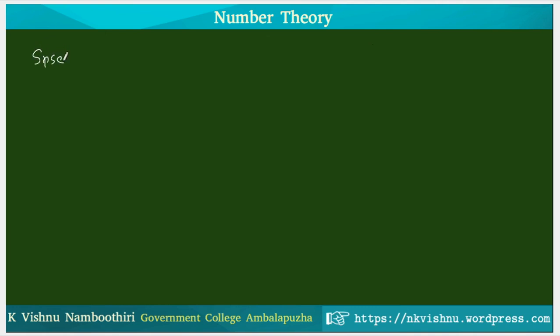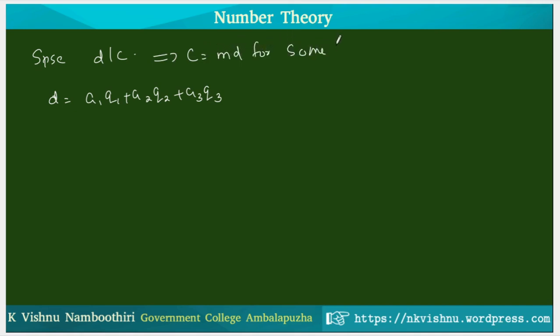Therefore, suppose D divides c. But we have seen in the previous problem that D is equal to a1 q1 plus a2 q2 plus a3 q3, and D divides c implies that c is equal to mD for some integer m.